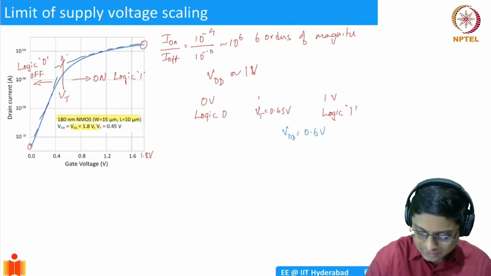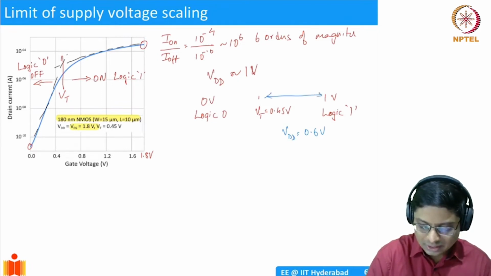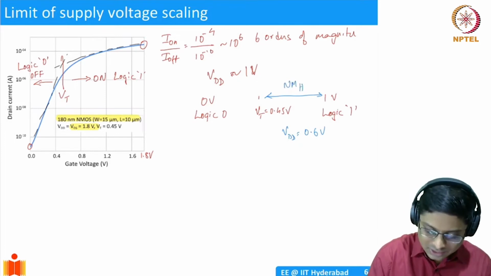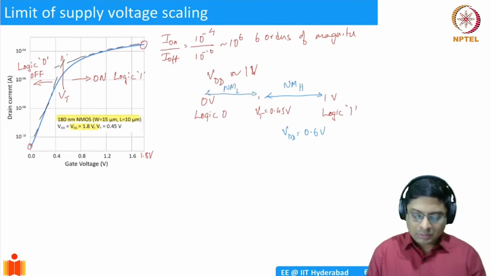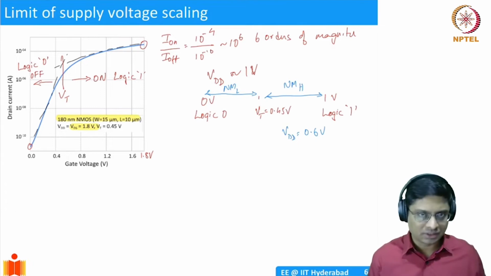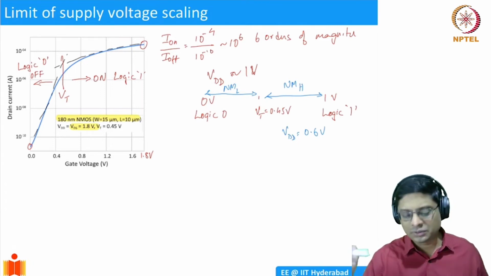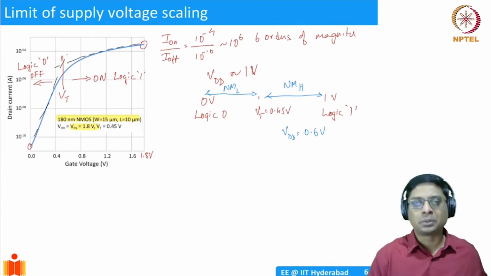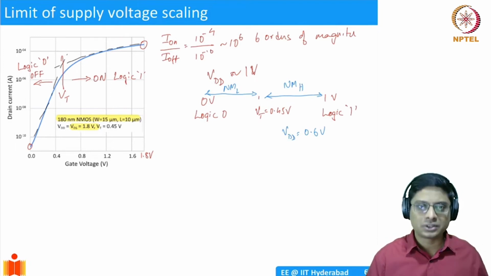In the previous case, when it was 1 volt, this is my noise margin high, NMH, and this is my noise margin low. My low will be about 0.4 noise margin, and on the high side I have 0.55 or so. I have sufficiently large margin. So even if the 1 is not truly 1, and instead it might be 0.8 or 0.7, still it will be considered as logic high.